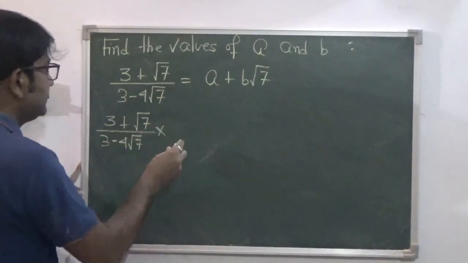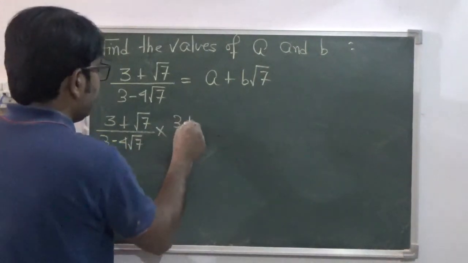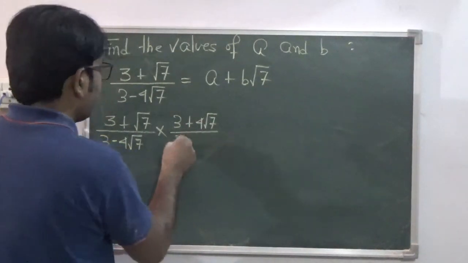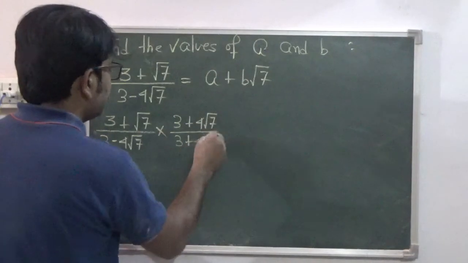Rationalize with the conjugate, 3 plus 4 root 7 divided by 3 plus 4 root 7.